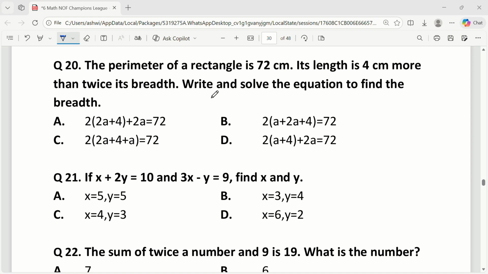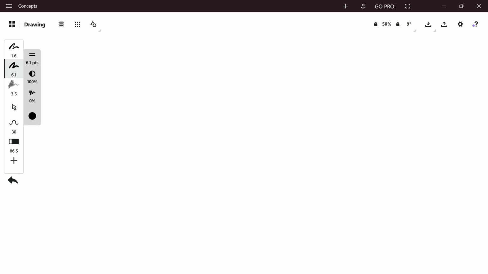Question 20. The perimeter of a rectangle is 72 centimeters. Its length is 4 centimeters more than twice its breadth. Write and solve the equation to find the breadth. Let A be the breadth of rectangle in centimeters and L the length. L is 4 centimeters more than twice its breadth. So L is equal to 2A plus 4.